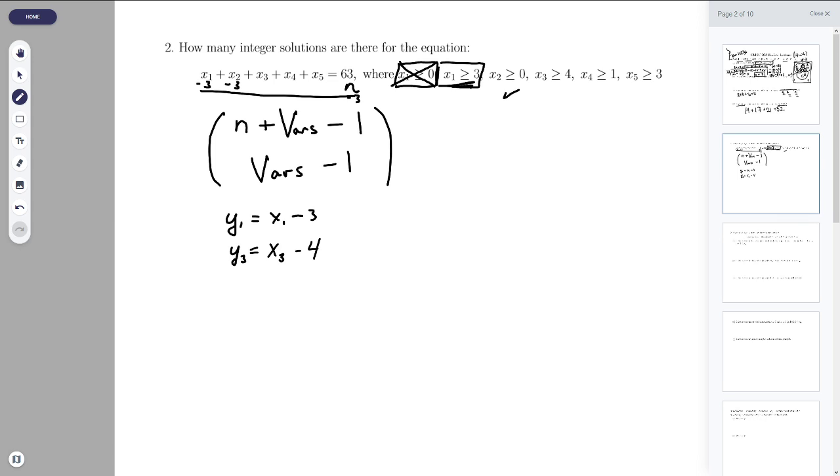And then we'll subtract off 4 from both sides. For here, we'll create a y4, which is equal to x4 minus 1. And the last one we'll create a y5, which is equal to x5 minus 3. All right.